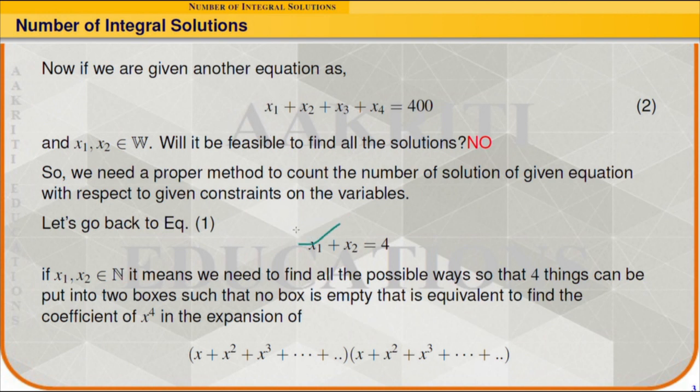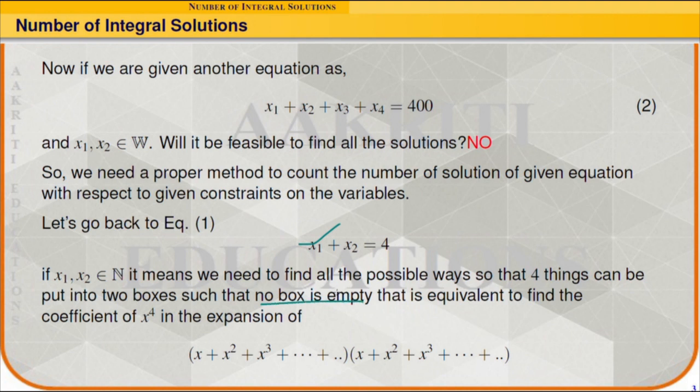x1 plus x2 is equal to 4, and we are given that x1 and x2 belong to the category of natural numbers. It means that we need to find all the possible ways so that 4 things can be put into 2 boxes such that no box is empty.